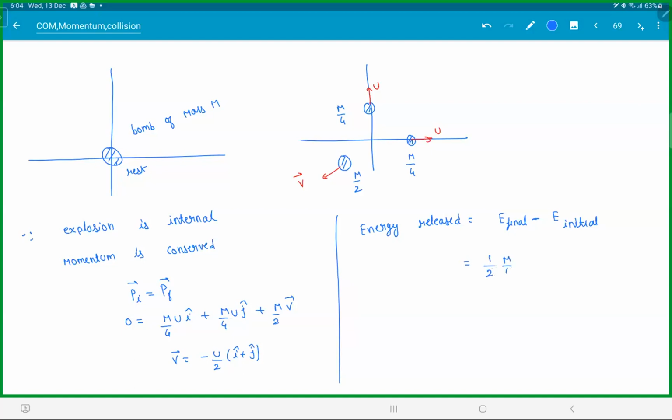Initially it is 0. So half m/4 u square into 2 times because there are 2 of them, plus half m/2, the magnitude is u by root 2 whole square. This would be how much? u square by 4. Yeah, u square by 8. Check it out.